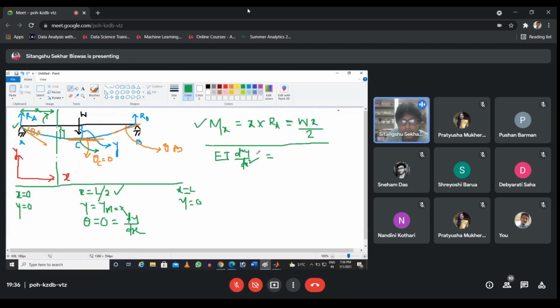So as I told, y is in the negative direction. For simplicity, I am putting this as minus Mx, so that is basically minus Wx by 2.